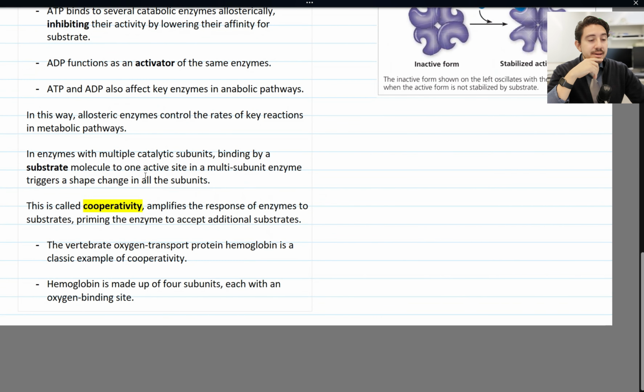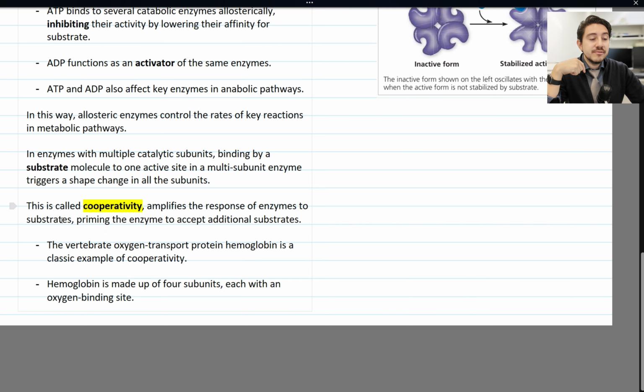Sorry about that. You do have another particular situation called cooperativity. In this case, you have enzymes with multiple catalytic subunits, and a substrate molecule bound to one active site of a multiple subunit enzyme can trigger the shape change in all subunits.